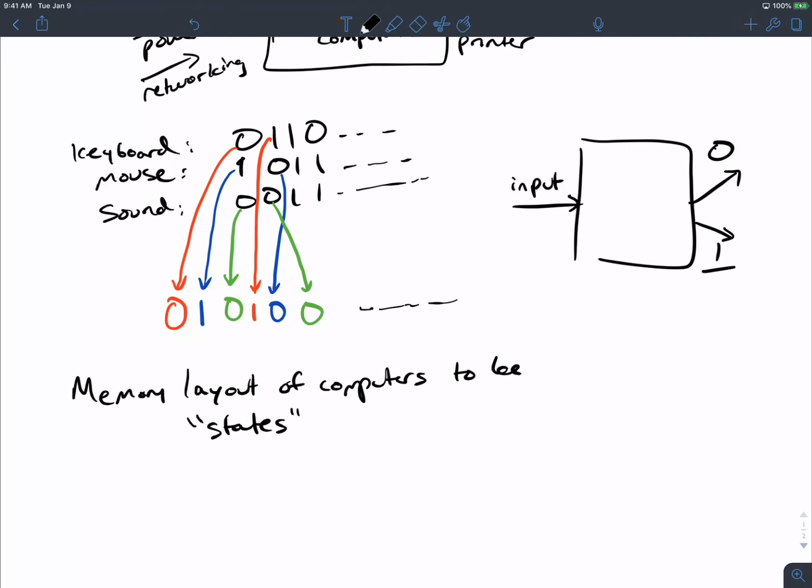Yeah. So some states we should mark as 1 states and other states as 0 states. So what will happen is if we do our computation and end up in some memory configuration, some state, we have identified each of the states with either 0 or 1. We said this state is a 0 state, this state is a 1 state, this state is a 0 state.